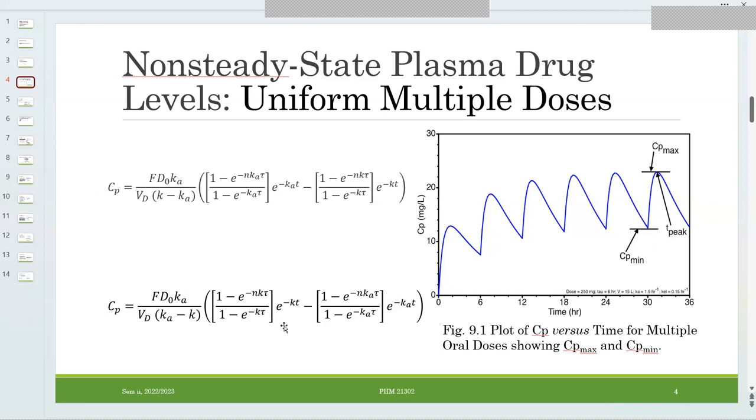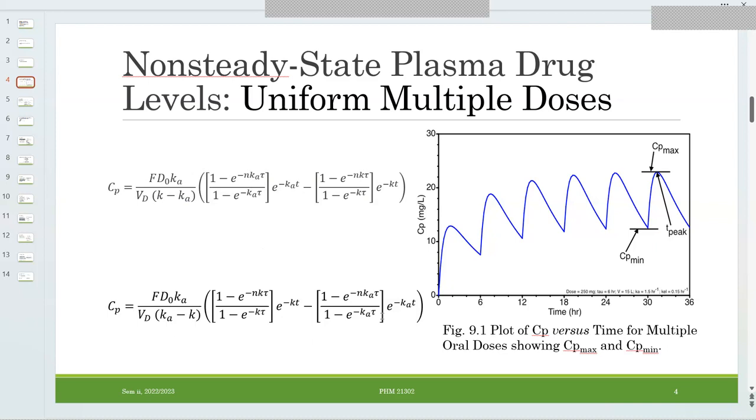We have now an oral administration, so the equation contains the absorption rate constant and the elimination rate constant. So look at the location: in this form, K minus Ka; in this form, Ka minus K.